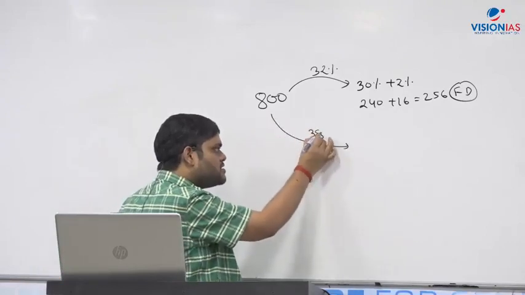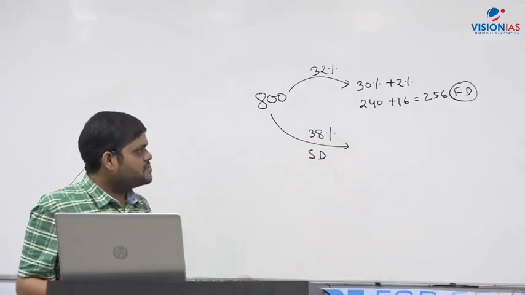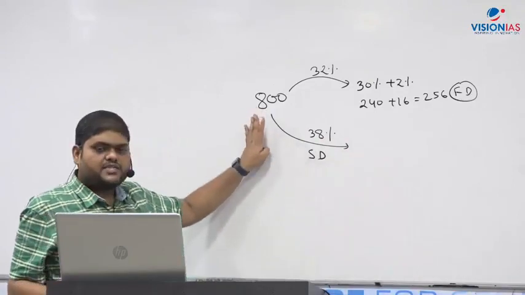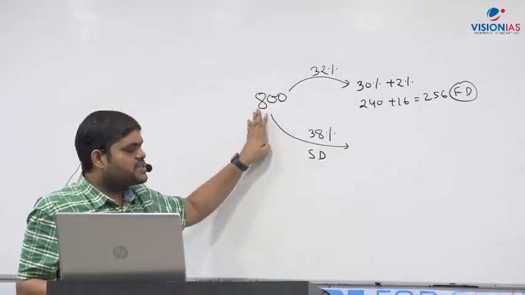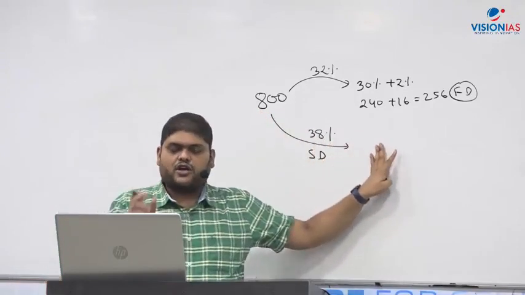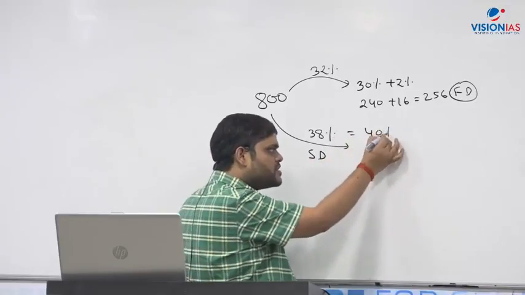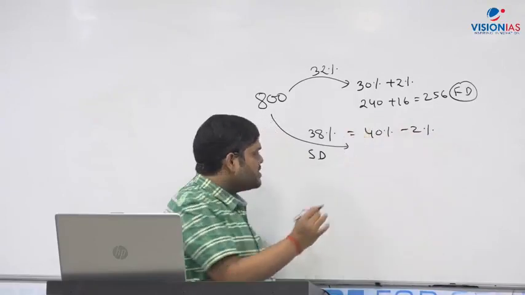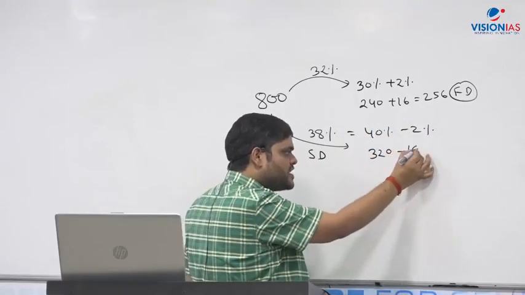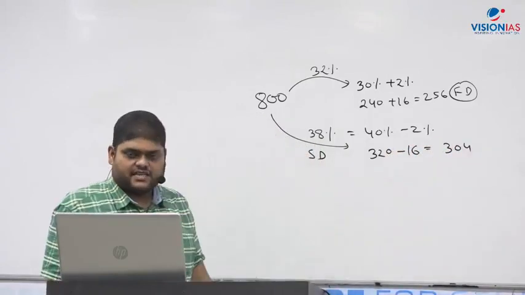They are not saying 38% of the remaining, they are saying 38% of the total. So to find 38% of the total, I will find 40% minus 2%. 40% is 320, you can do it mentally also. 2% is 16, so this is 304 who got second division.